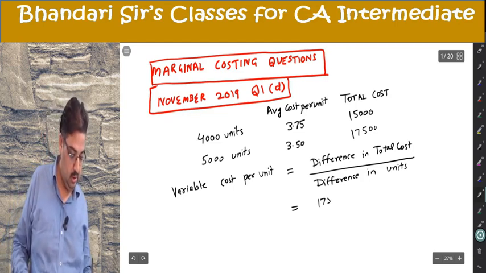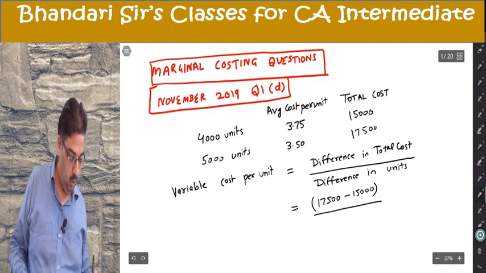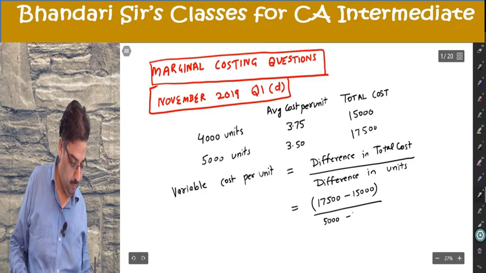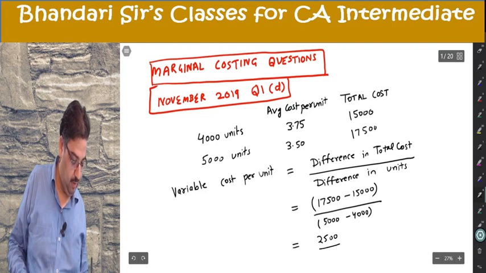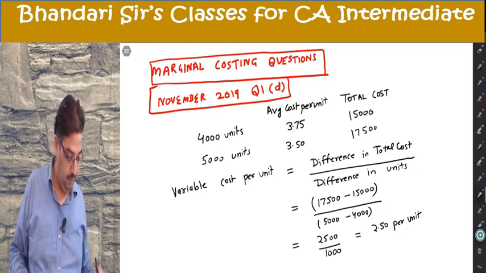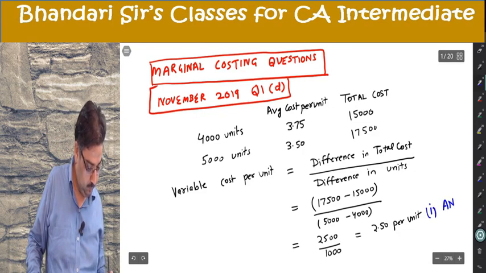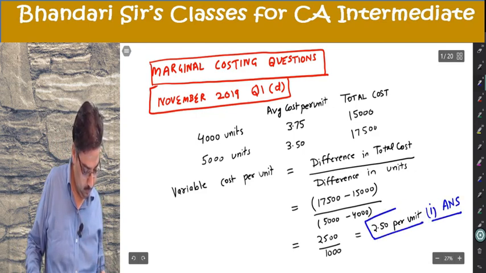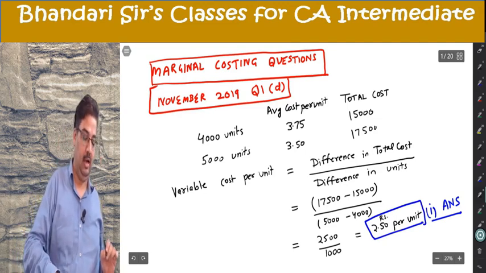This equals 17,500 minus 15,000, whole divide by 5,000 units minus 4,000 units. 2,500 divided by 1,000. This is 2.50 per unit. So the variable component of cost, which is wanted in the first part, becomes the part 1 answer. This is rupees 2.50 per unit. That is the first part answer.